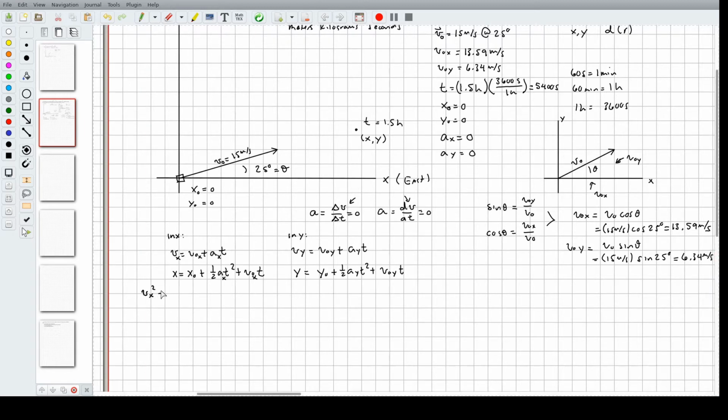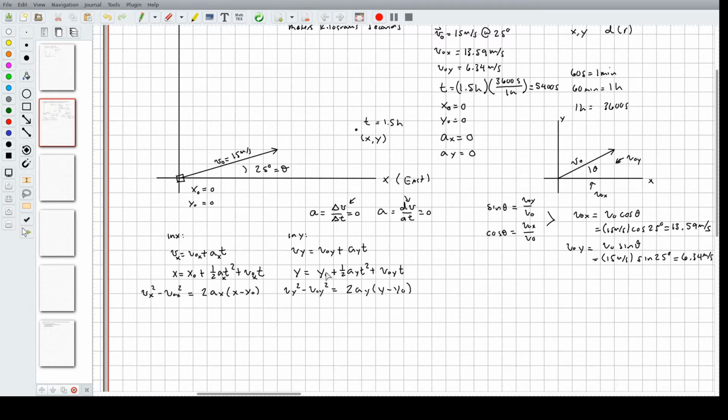Vx squared minus v naught x squared is equal to 2 times a sub x times x minus x naught. And over here, vy squared minus v naught y squared is equal to 2 times a sub y times y minus y naught. So the equations look the same. All I've done is re-index them to show that they lie along x or along y.